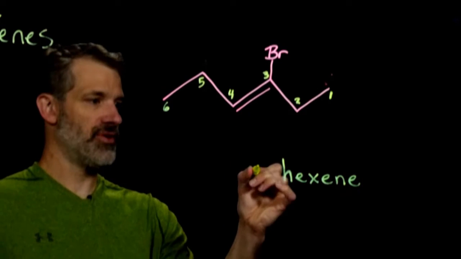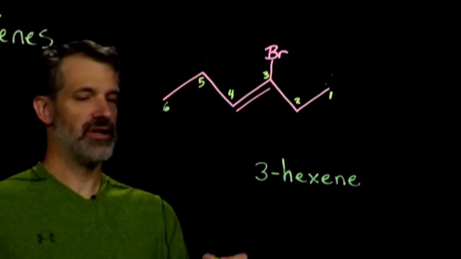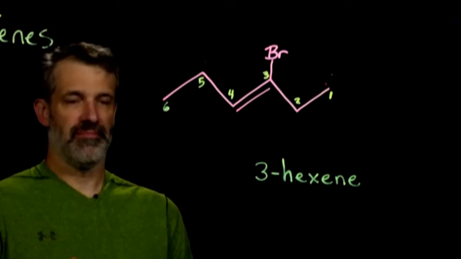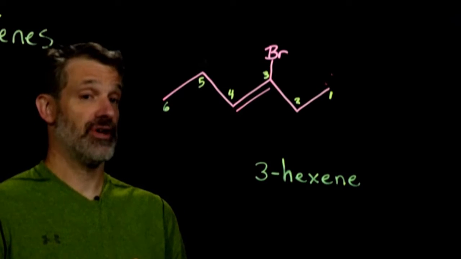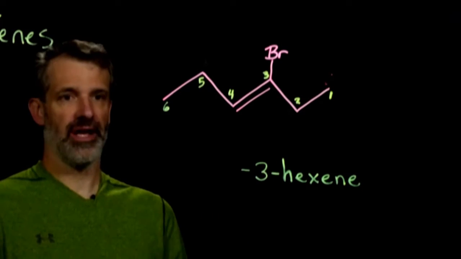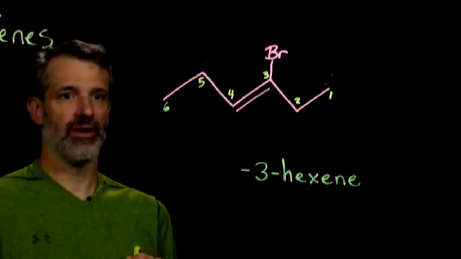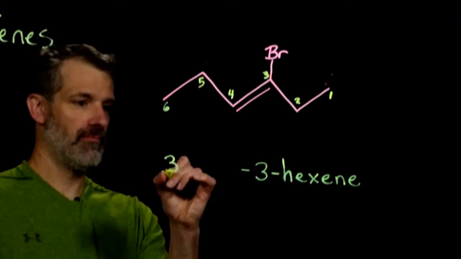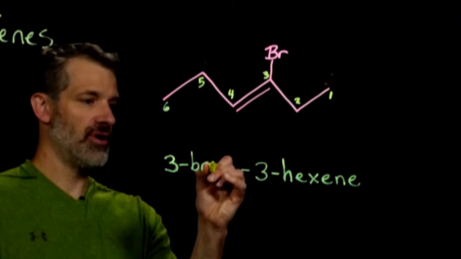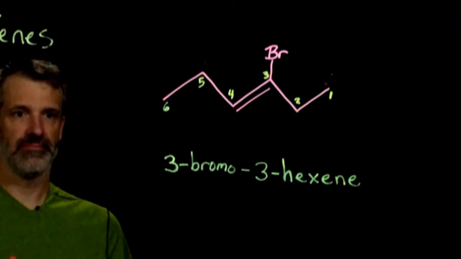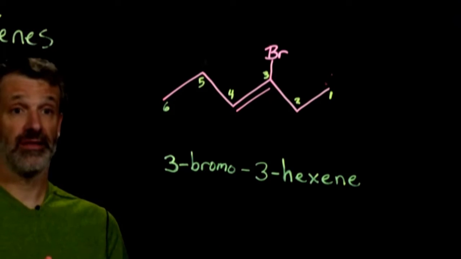I'm going to place the number 3 in front to let me know that this is not located at position 1, but rather position 3, carbon number 3. And then in front of the parent name, I'm going to list out my one and only substituent. So 3-bromo-3-hexene. So that would be the name of this compound.